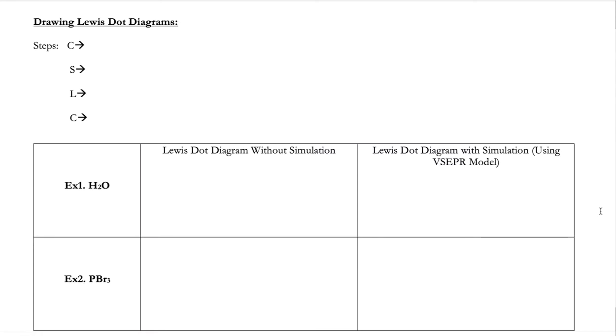All right, so now that we've reviewed counting valence electrons, we're going to talk about how to actually draw the molecules that we've been studying so far. And so these diagrams that we're going to draw are called Lewis dot diagrams. And I use the following acronym to remember how to draw them. So the first thing we need to do is we need to count our valence electrons.